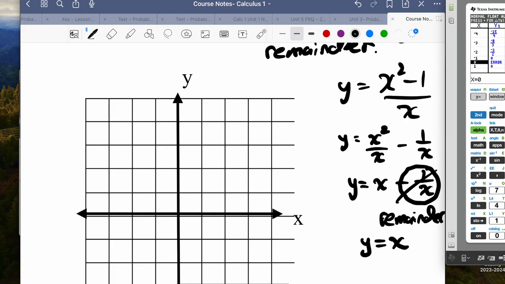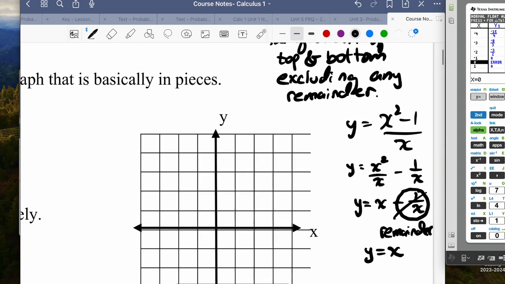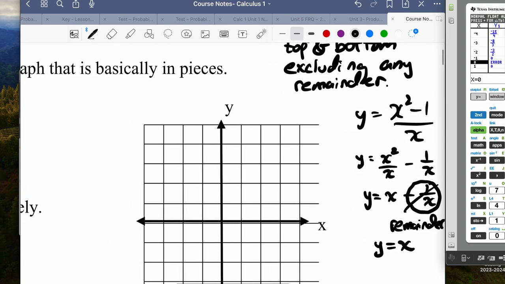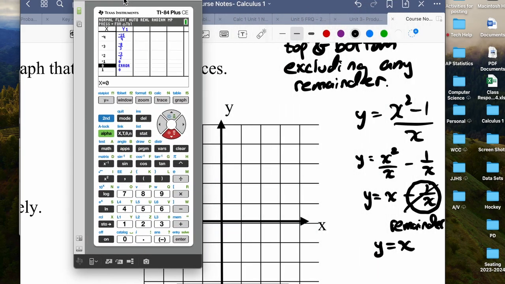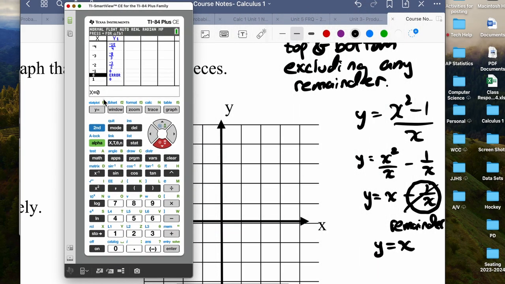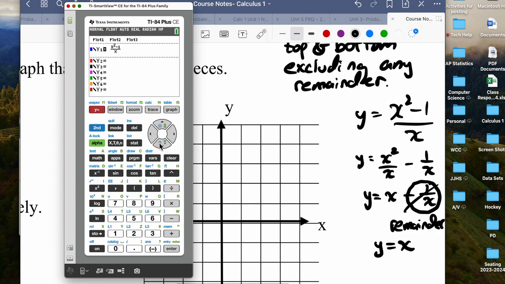That's my oblique asymptote. So what I'm going to do is bring the calculator back in and graph these things. I have my vertical asymptote. Now, one thing that I absolutely despise about this calculator is that it doesn't handle implicitly defined functions, or, I'm sorry, solving for x.